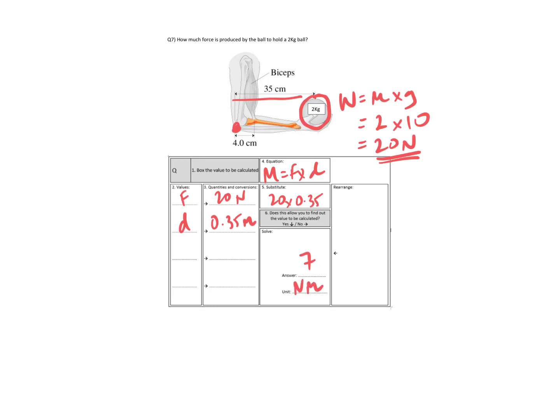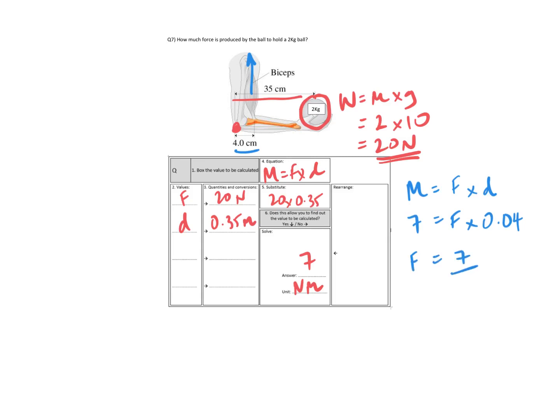However, like the previous question, we want to find the force caused by that weight on the bicep. So if we know the moment equals 7, we can then put it back into the equation. So 7 equals, trying to find the force, our new distance is 0.04 metres, 4 centimetres converted into metres, divided by 100, and then we can rearrange to find the force.